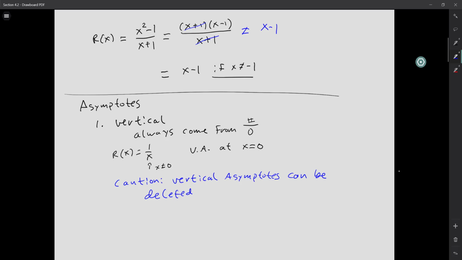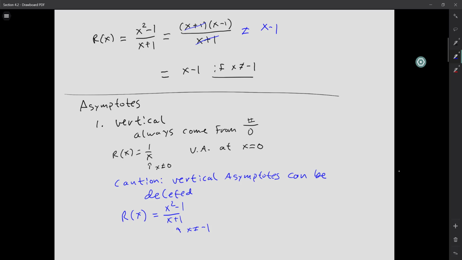Generally speaking, actually, I don't have to do generally speaking. I have an example right up here. If I'm using r of x equal to x squared minus 1 over x plus 1, I look down here and I see that x cannot be equal to minus 1. It's an easy spot. So I could say that I have a vertical asymptote at x equal to minus 1. But up here, we see that I could have canceled x plus 1 on top and on the bottom as long as I was looking at x values which are not minus 1.